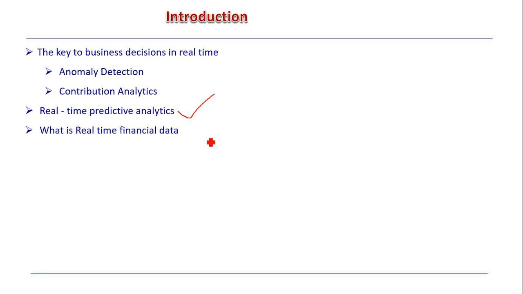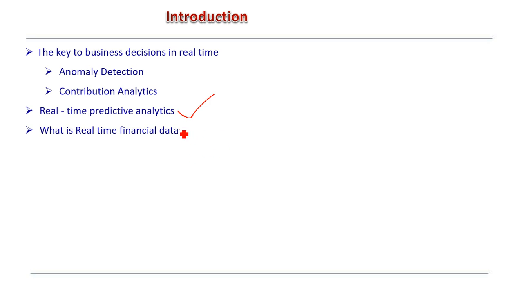Real-time data is information that is delivered immediately after it's collected. Real-time data is a strategic priority. Data and analytics are the key accelerant of an organization's digitization and transformation efforts.